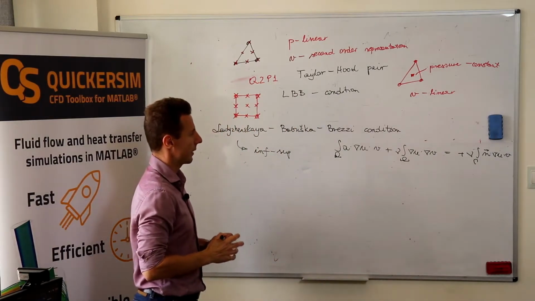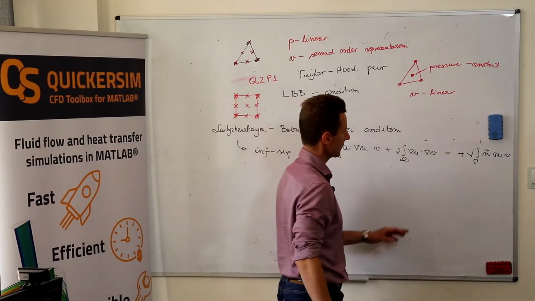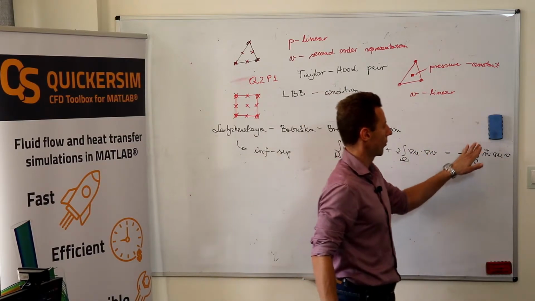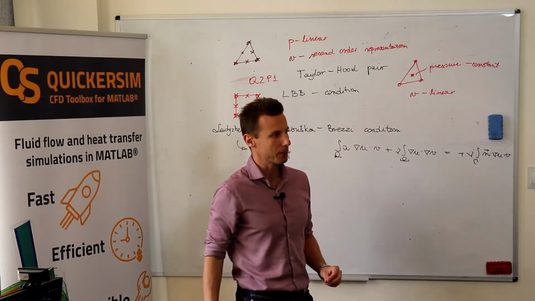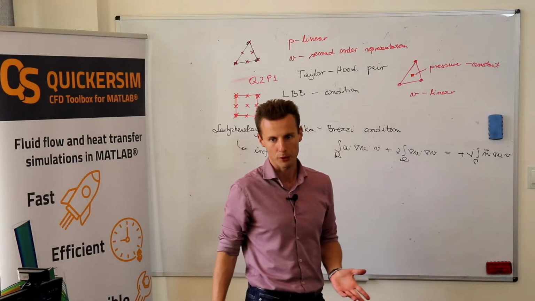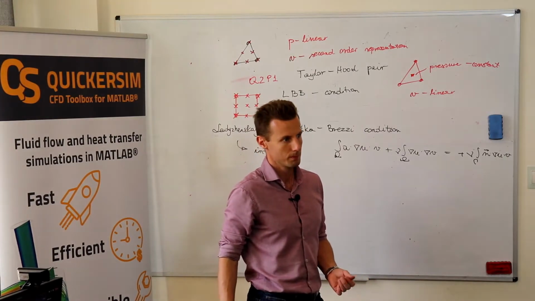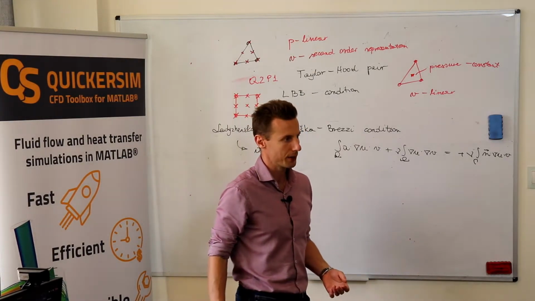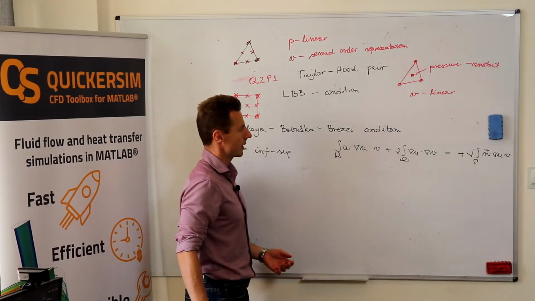Okay. Now, what's the trick? Do you remember how we call the method that uses the same functions as test functions and shape functions? Exactly. It's the Galerkin discretization.